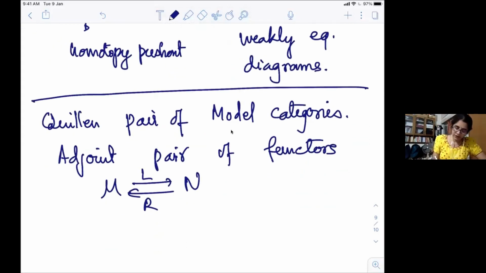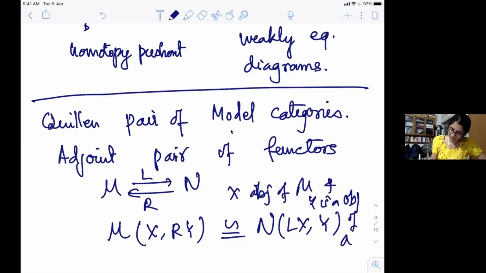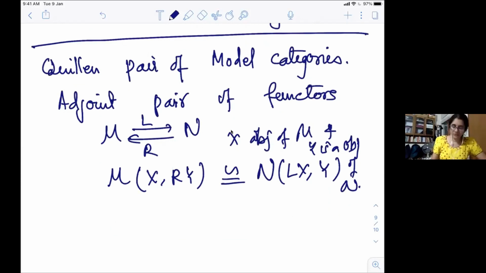Remember what an adjoint pair means: there is a natural isomorphism between morphisms from X to Ry being isomorphic to morphisms from Lx to Y, where X is an object of M and Y is an object of N. All right.